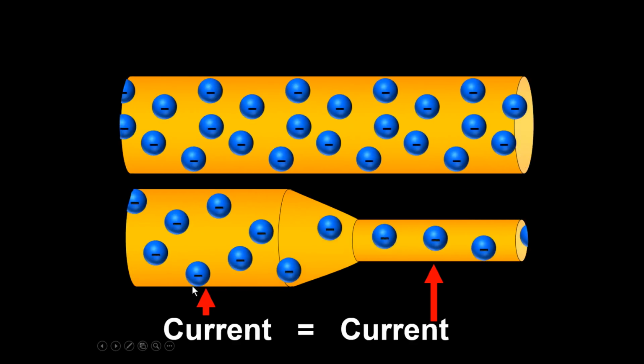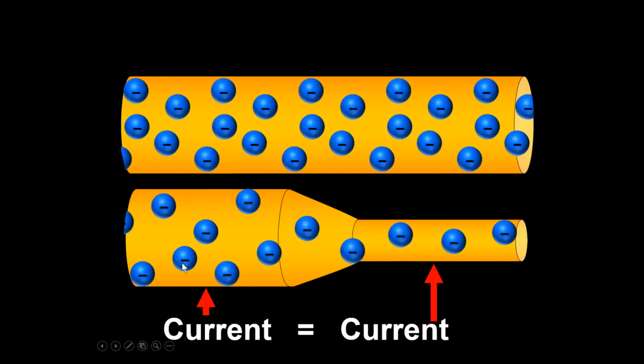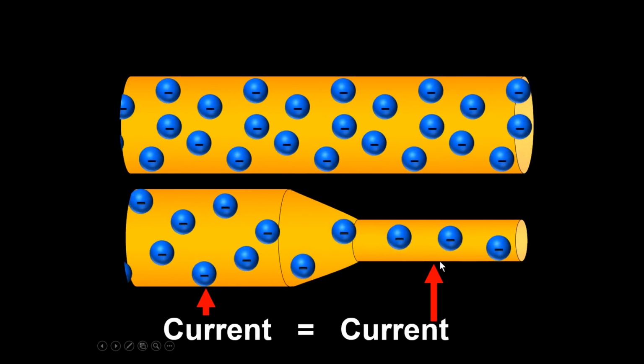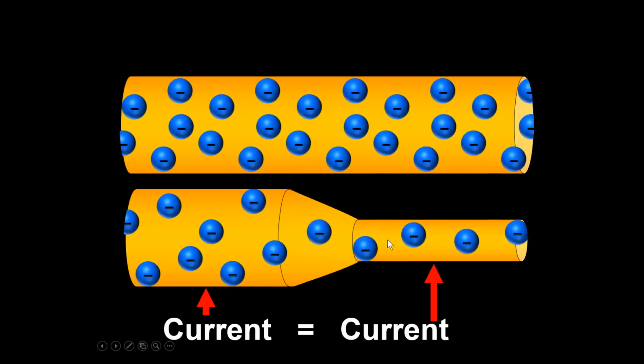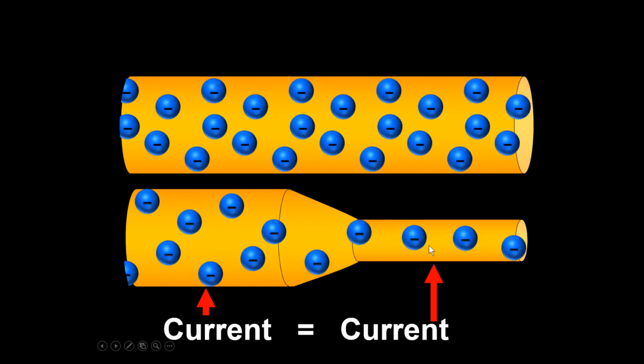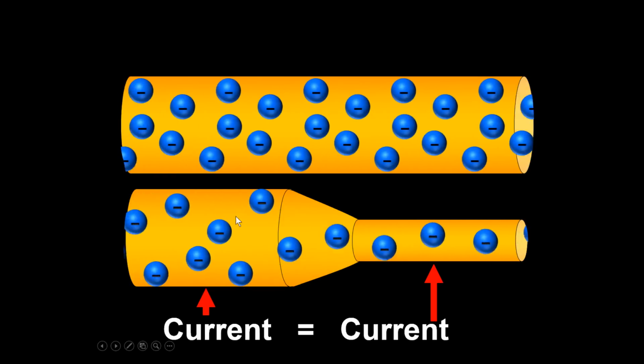Because if we count how many charges go by here every second, all those charges are also going by there every second.